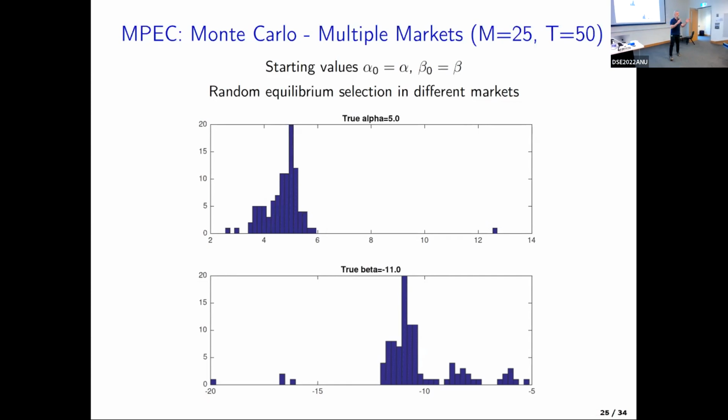You can say in some sense the nested fixed point algorithm has the problem of a lack of differentiability. It's really hard to find that maximum using gradient-based solvers. It's hard to find all the equilibria to calculate the likelihood function in the first place. But if you can do that, then it works. So it works better in this particular case.